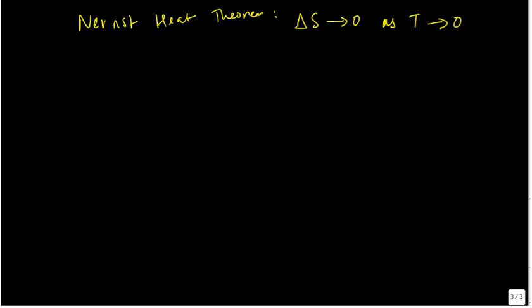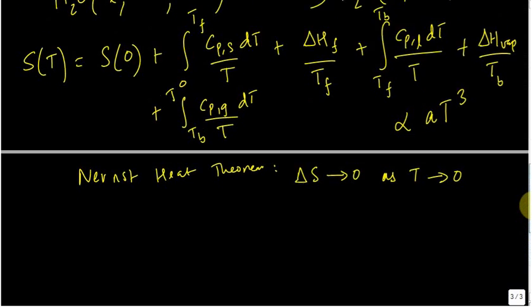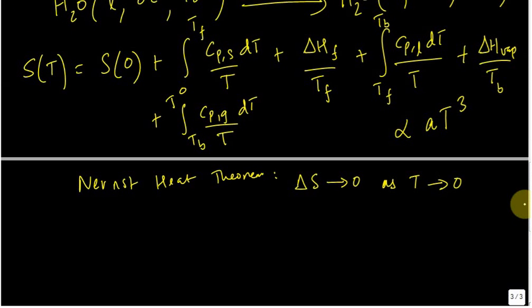So, if there is a transformation from one state to the other, then let me go back. Then what we had over there was this fellow. So if I am at a very low temperature, then all I need to worry about is perhaps this one.